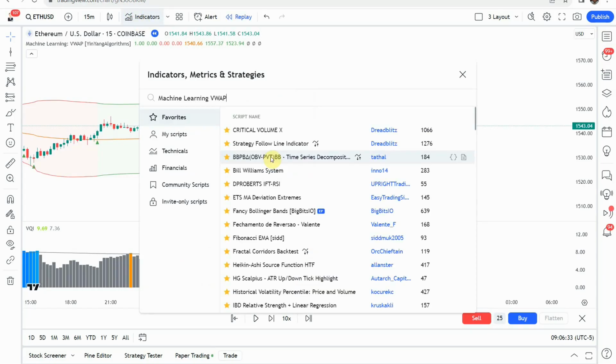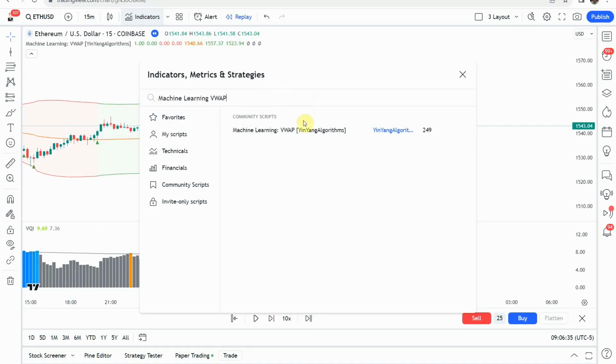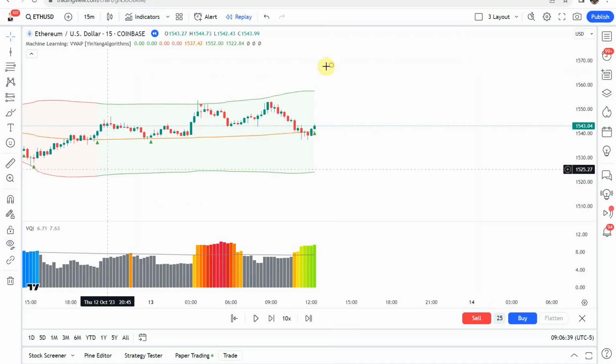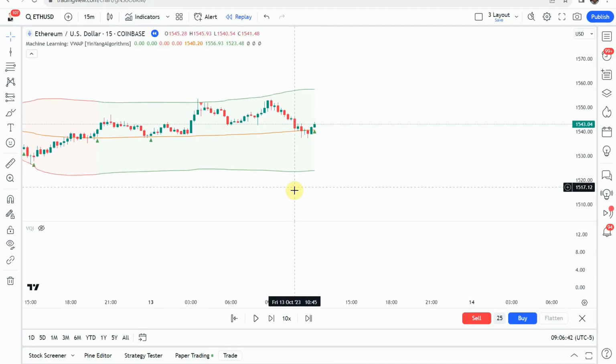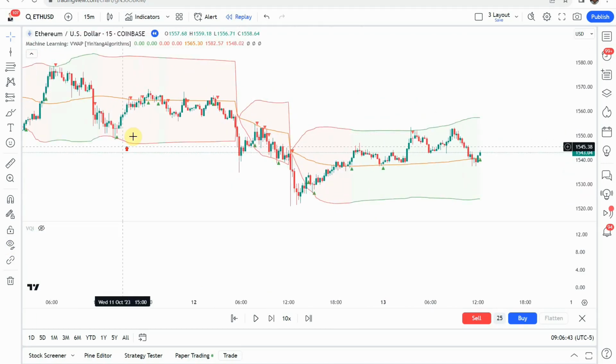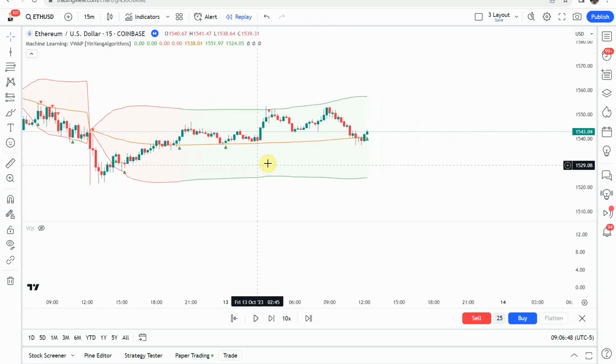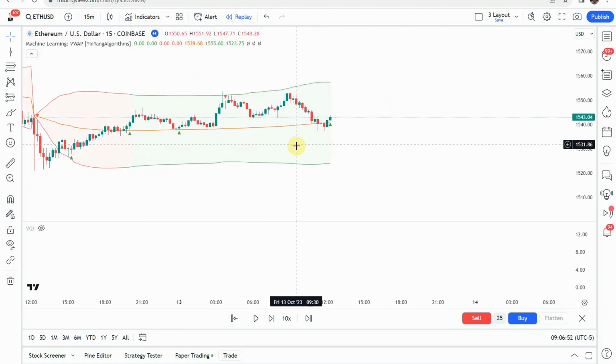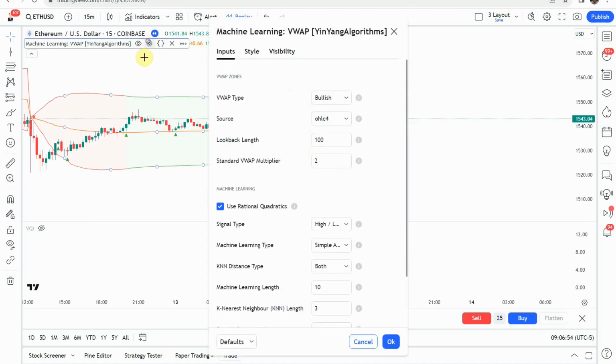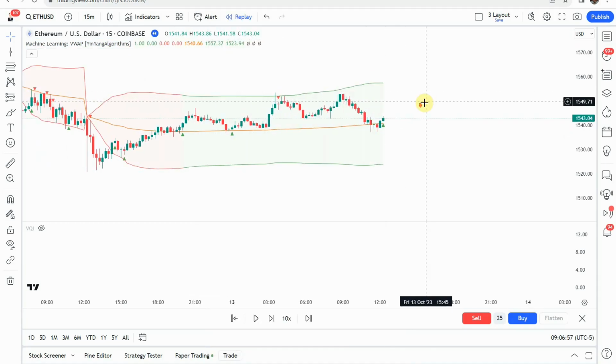If you just go to the indicators and type in machine learning VWAP, it's going to be this one right here. You will add that one to screen, and it will look like this. Keep the settings on the default settings, so you won't change any of the inputs.